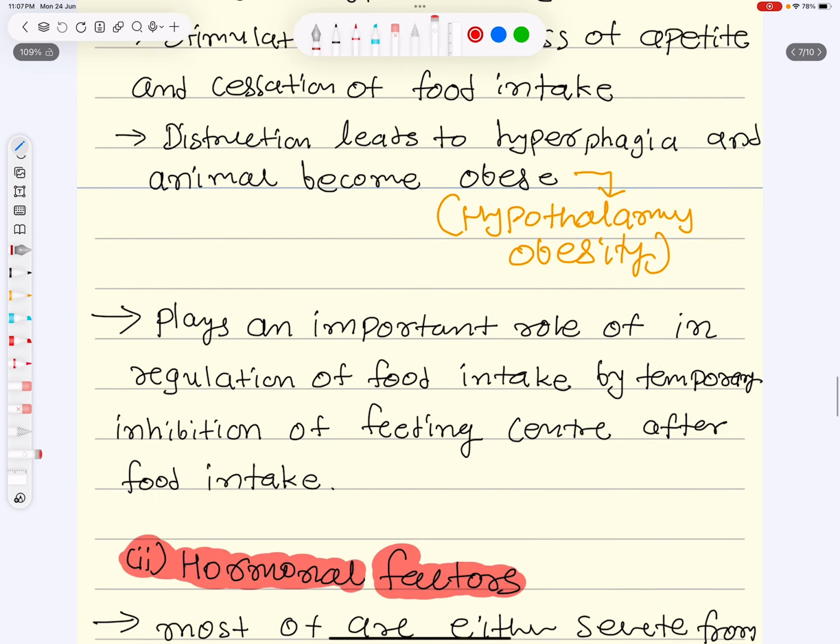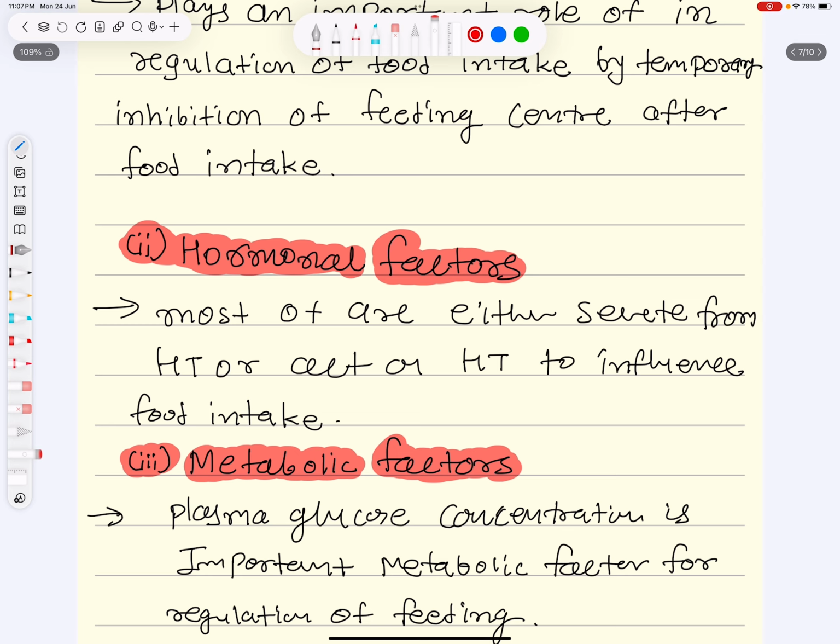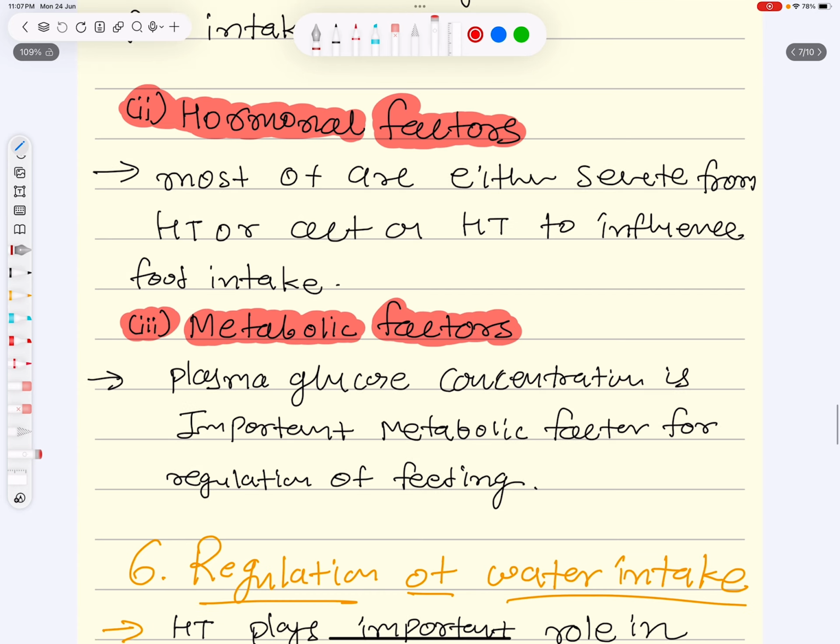In regulation of food intake, the second factor is hormonal factors. Most of these hormones either originate from the hypothalamus or act on it to influence food intake. So there are many hormones. We will talk about them in detail in the next video.